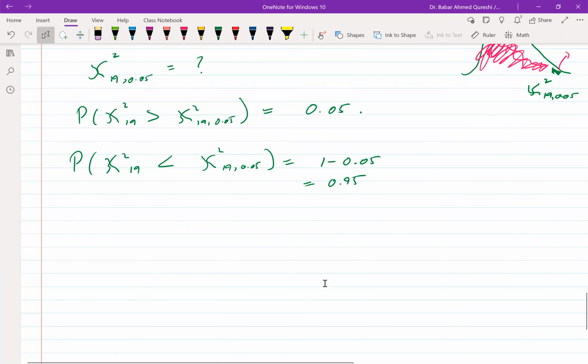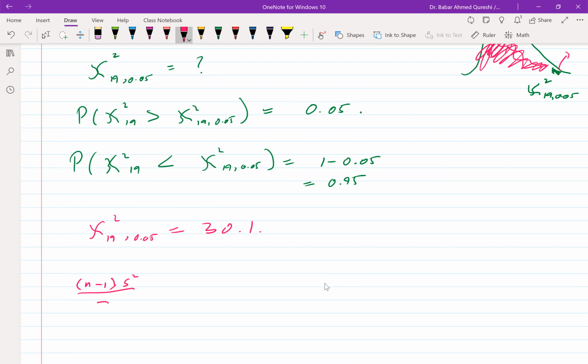That means when I do the test, I have to check this number, which is 20 minus 1, and here I put in my sample value, which was 6.62, over 4.